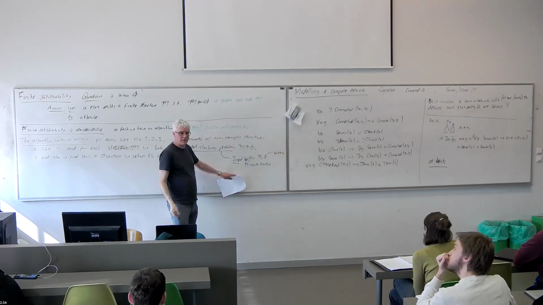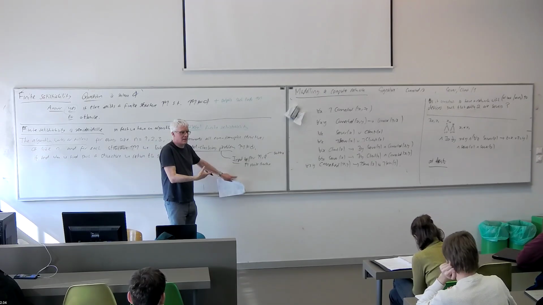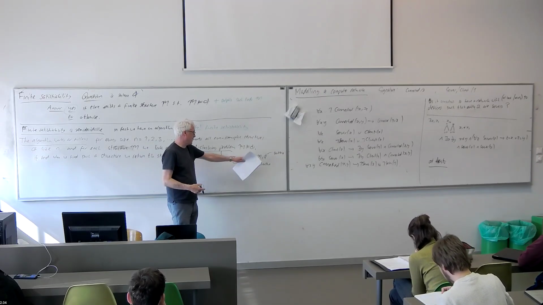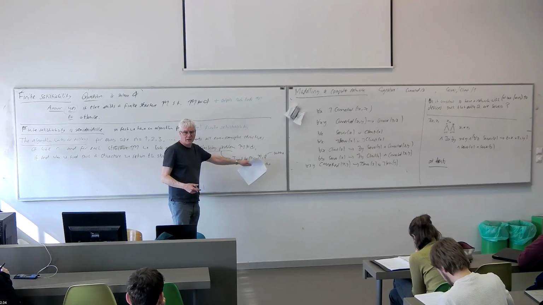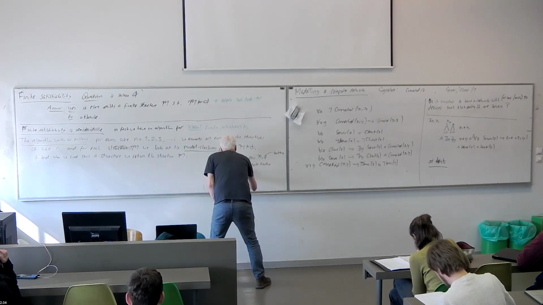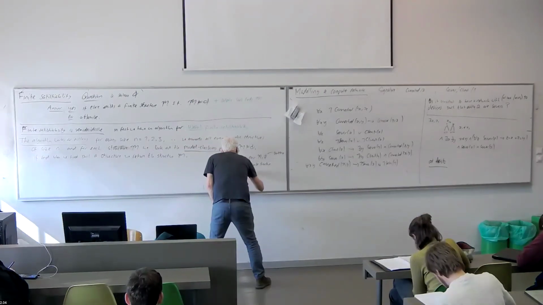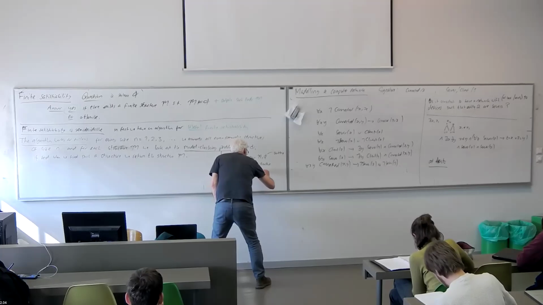And the output, in this case, we want an actual decision procedure. The output is yes if M satisfies phi, and no if M doesn't satisfy phi.